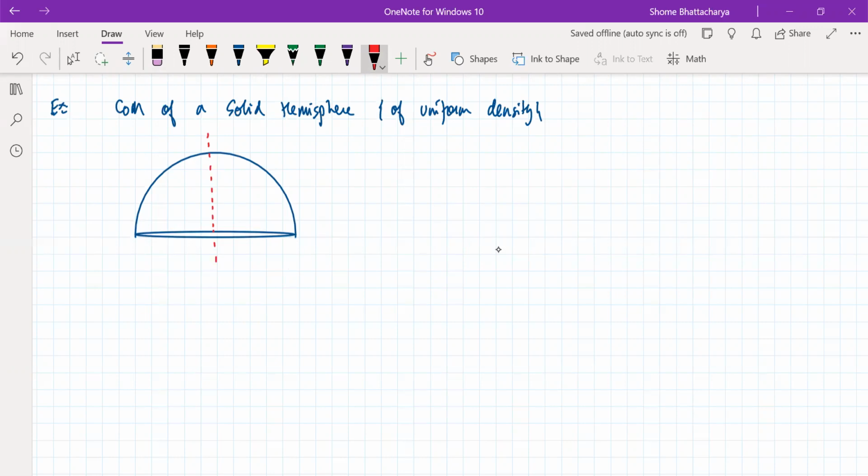We'll get a solid disc, instead of a ring. So once again, the center of mass will be somewhere here, at some y coordinate.